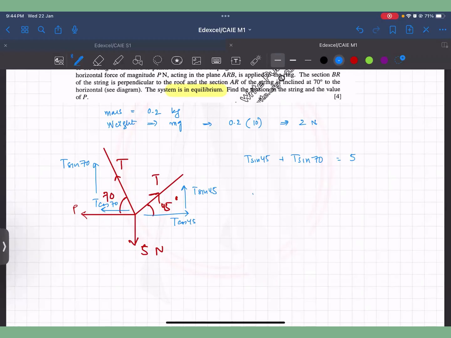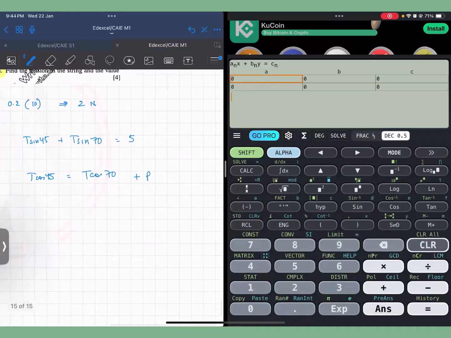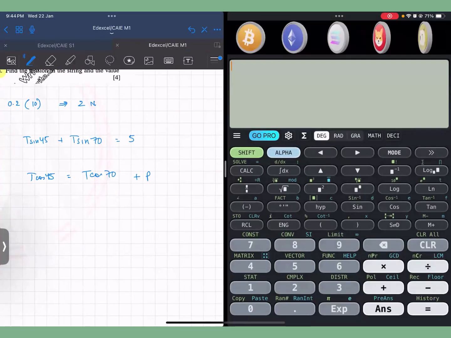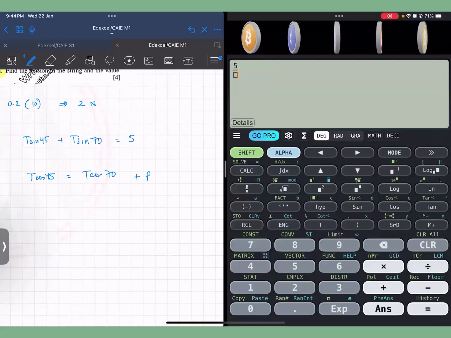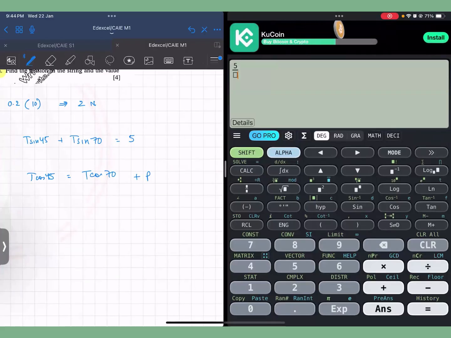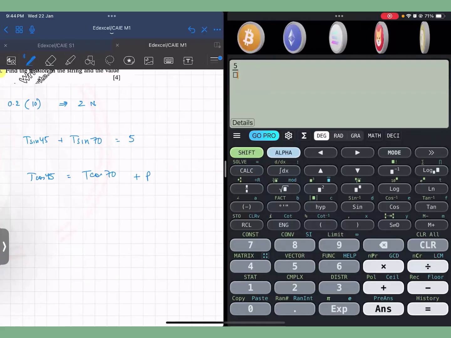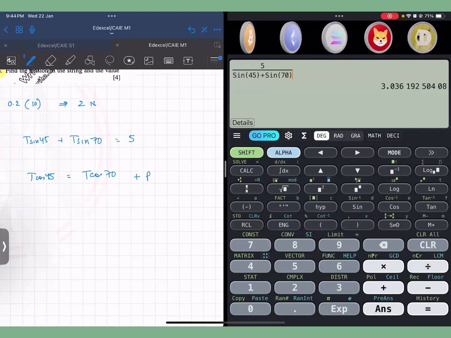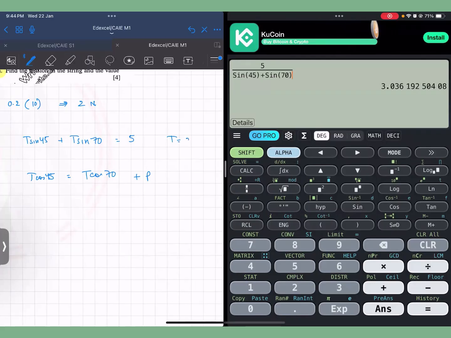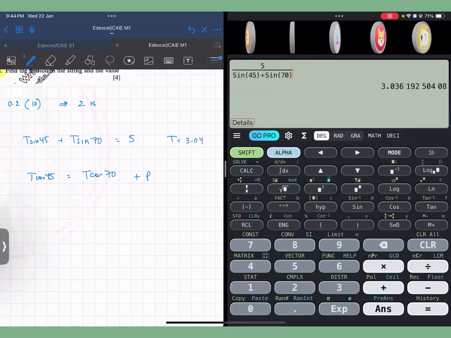And then horizontally you have T cos 45 is equal to T cos 70 plus P. So from the first equation you can find the value of T. This would be 5 divided by, if you take T common, sin 45 plus sin 70. So your T comes out to be 3.04 Newton.